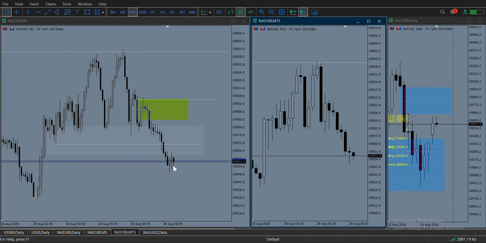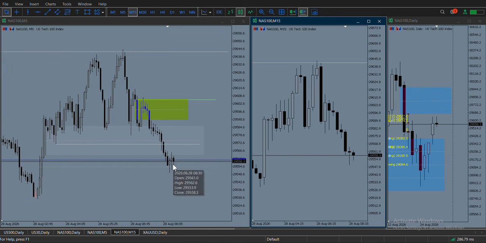It's going to be interesting where this candlestick here closes. So if I'm going to be selling, then I'm going to be expecting price to run that sell side out.